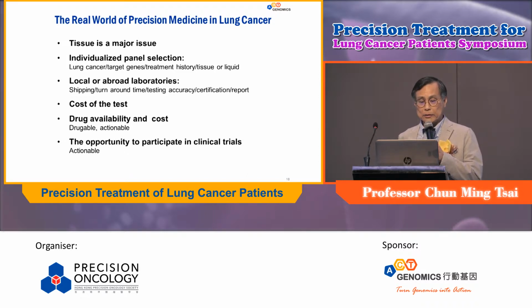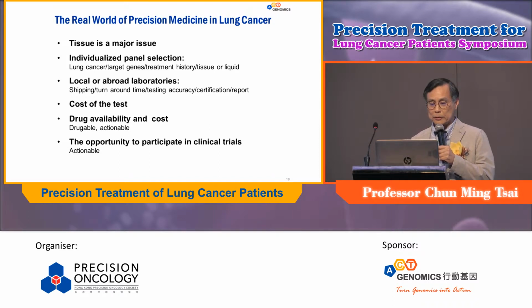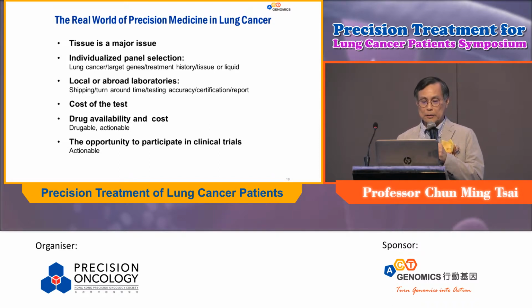And the second one is how we selected the panel tested. Most of my patients have lung cancer, and which target you would like to see, and the patient's treatment history, and whether I want to test tissue or liquid.